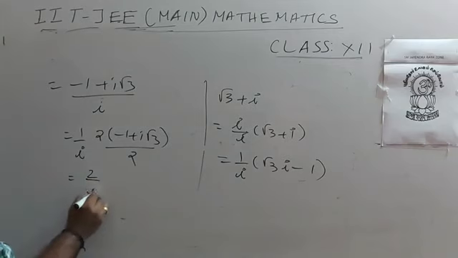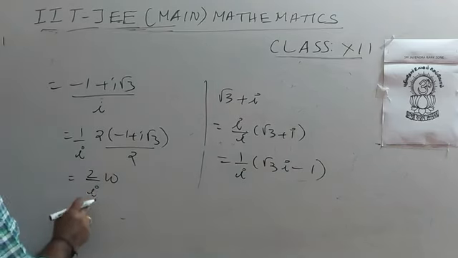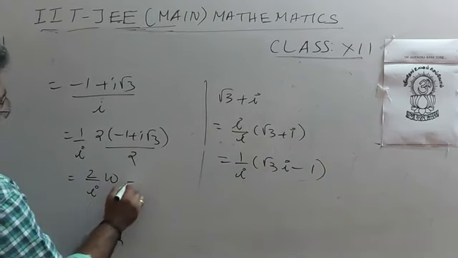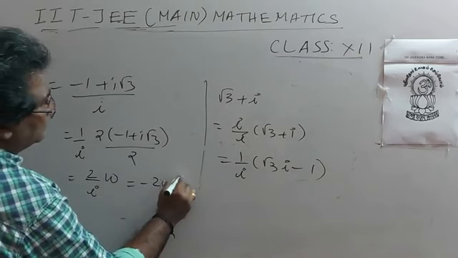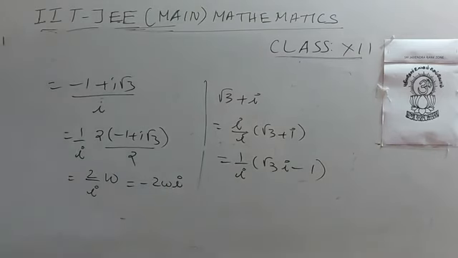This is nothing but omega. But we know that 1 by i equals minus i, so that is minus 2 omega i.